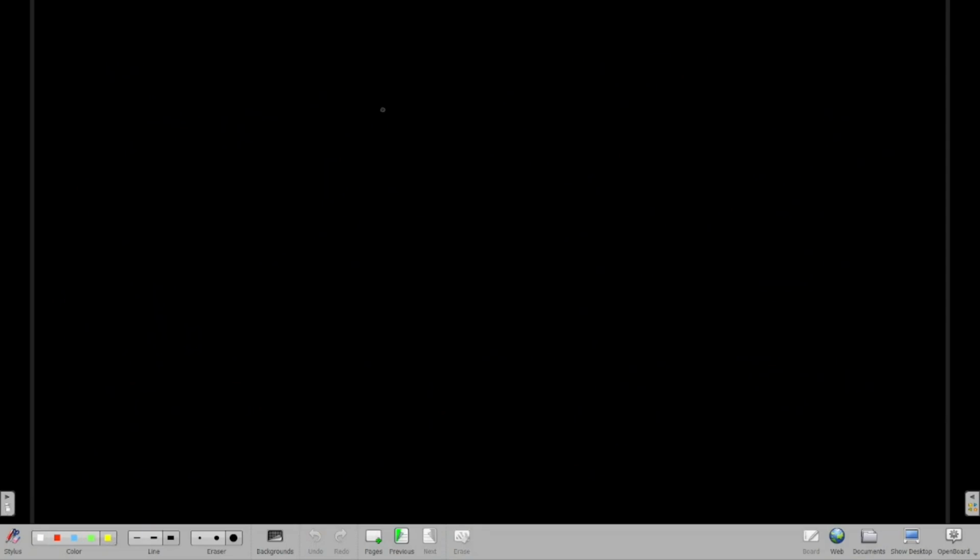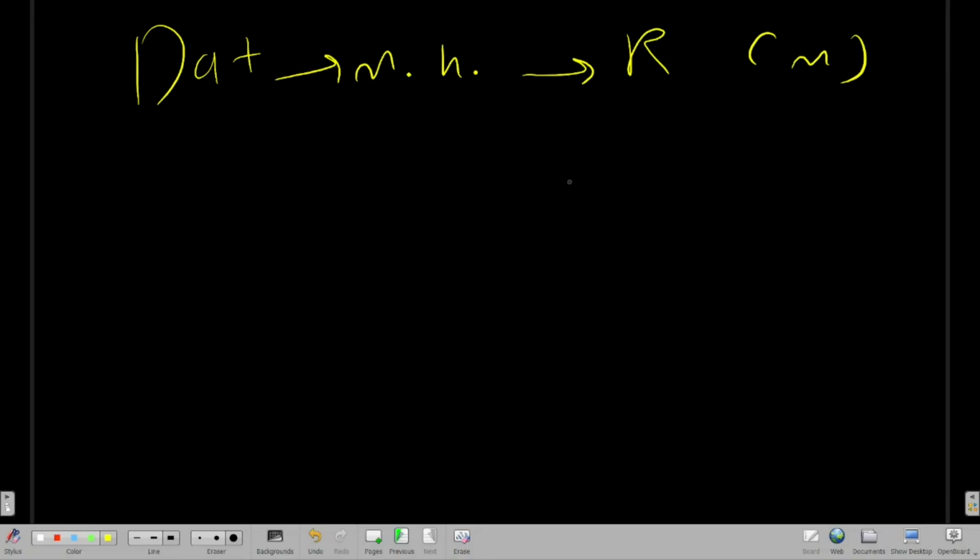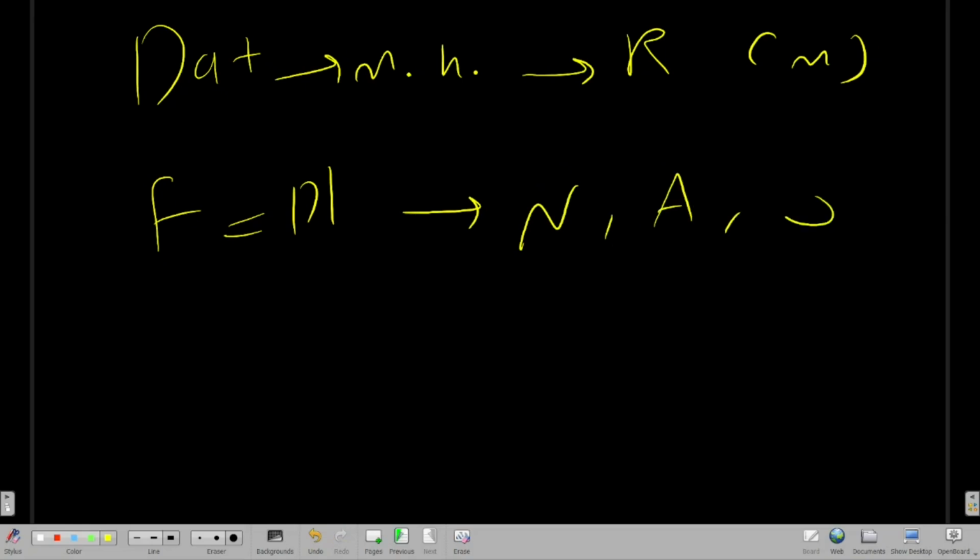So, what we understood is that the dative case for masculine and neuter is like Russian, it has an M in it. Next thing that we understood is that feminine and plural decline the same for neuter, accusative, and the genitive.